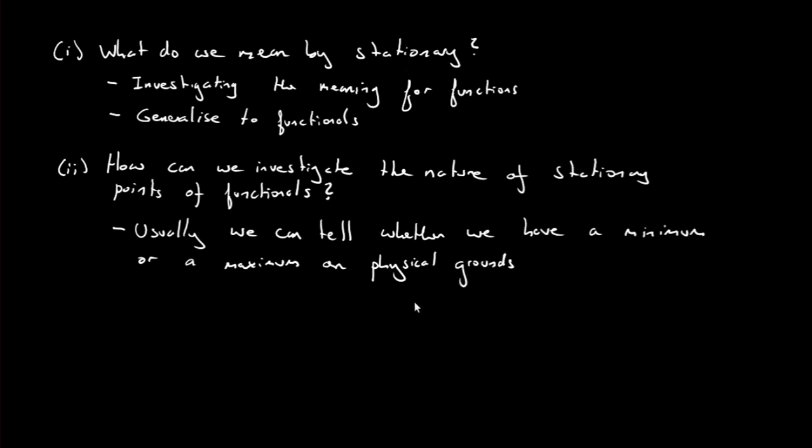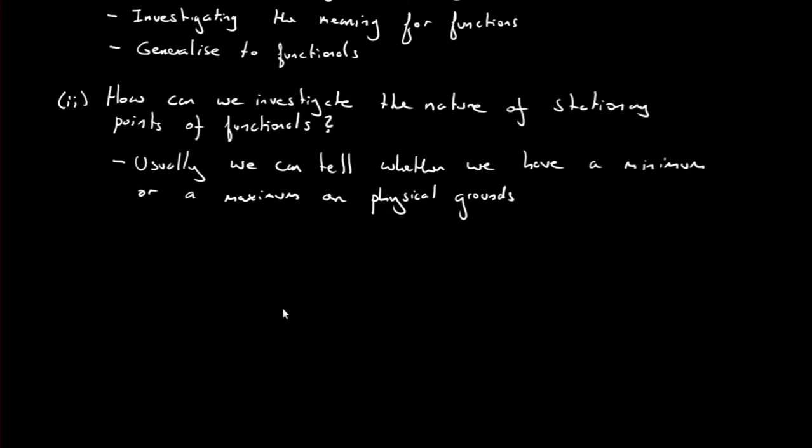So we can usually tell on physical grounds. The distance function is a perfect example because if you remember what that looked like, well, we think the answer is going to be a straight line, and we're correct. We just need to prove that more generally.